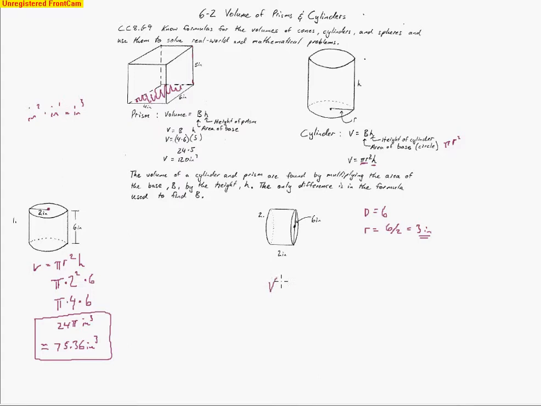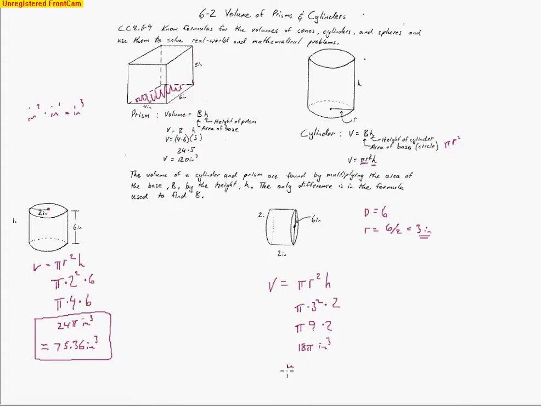So let's start with our volume formula. It's pi r squared times height. So pi times the radius, which was 3 squared, and then times the height, which is 2 inches. Multiplying out those 3's, I end up with 9, and then times 2, and that makes 18 pi, and this is inches to the 3rd power.